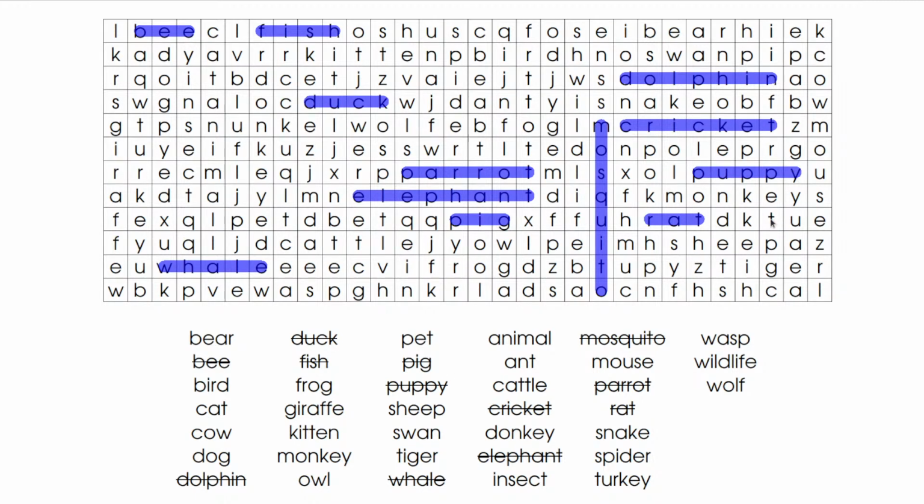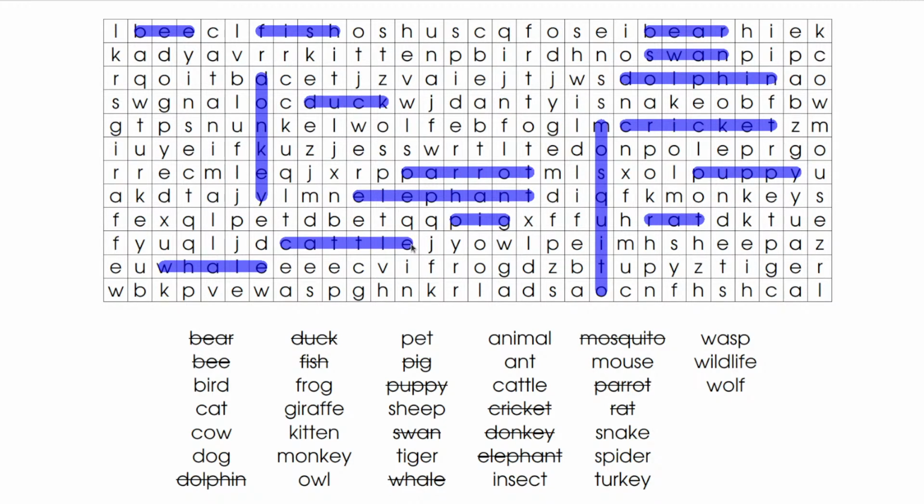Puppy, bear, swan is another one. Sorry, misclicking there. Donkey.